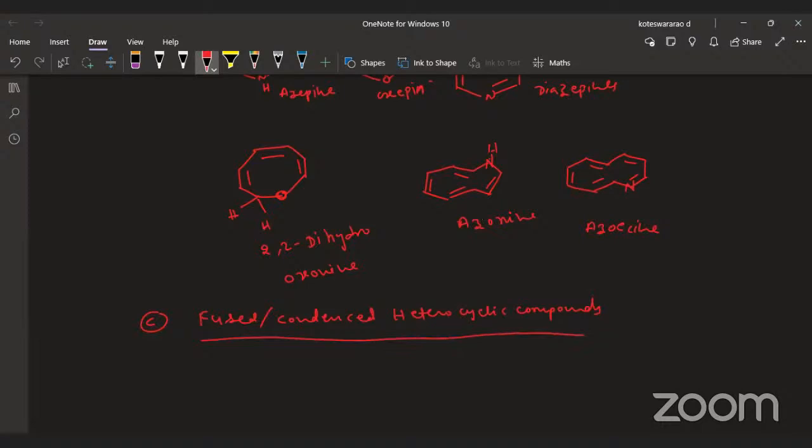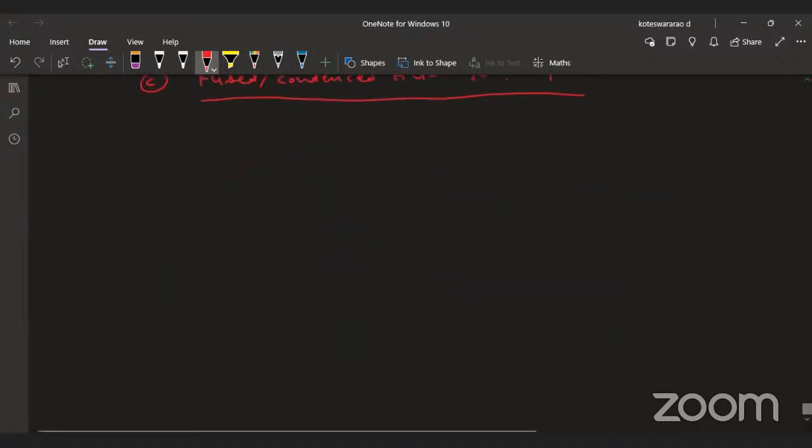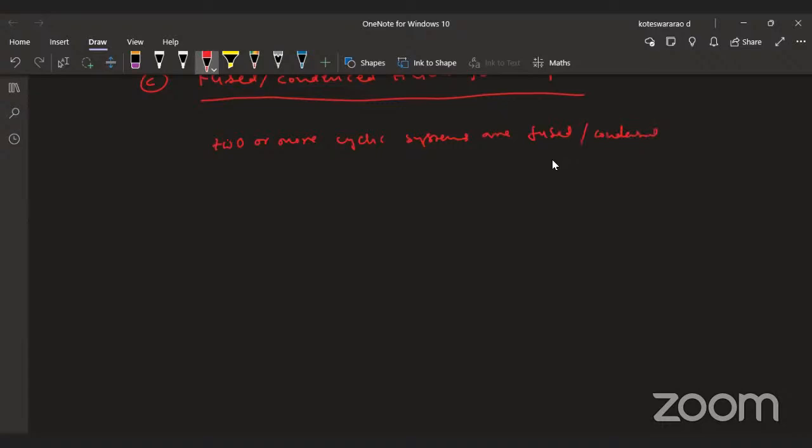In that, two or more cyclic systems are fused together through two atoms, two carbons, to generate fused cyclic systems.